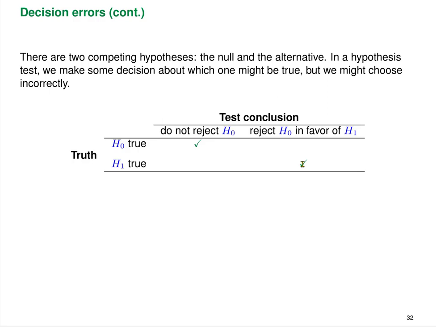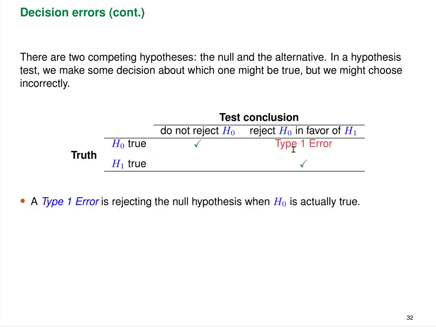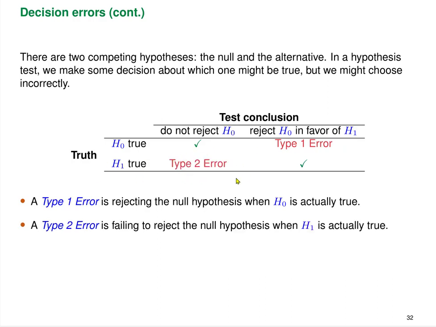no mistake again. If the null is true, but we decide to reject the null, then we are making a type 1 error. If the alternative is true, but we fail to reject the null, then we are making a type 2 error.